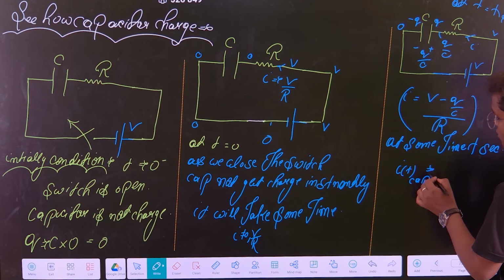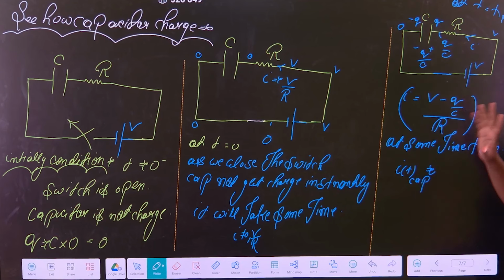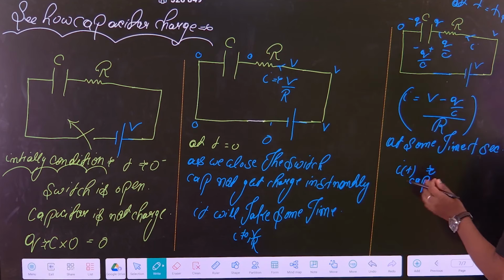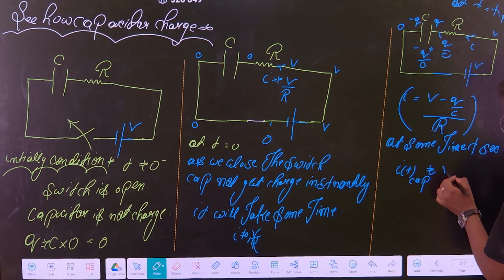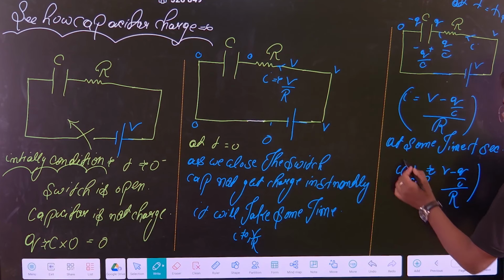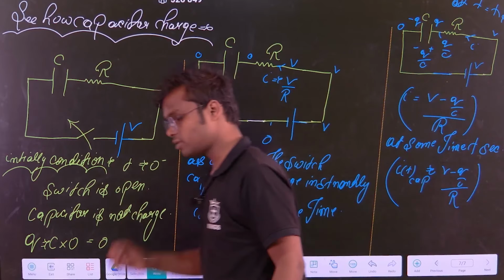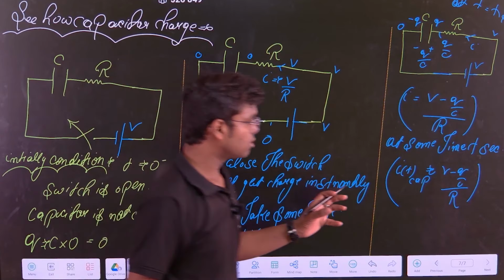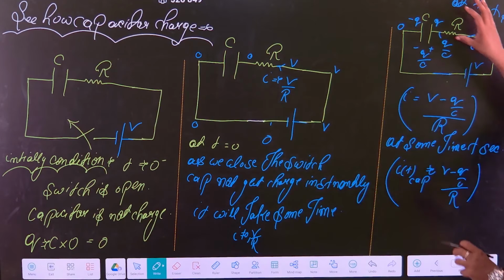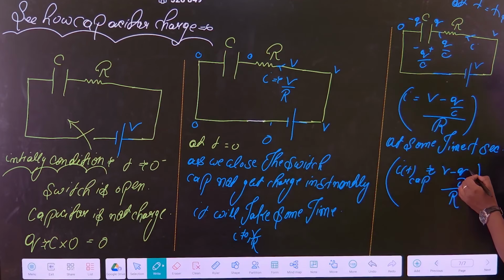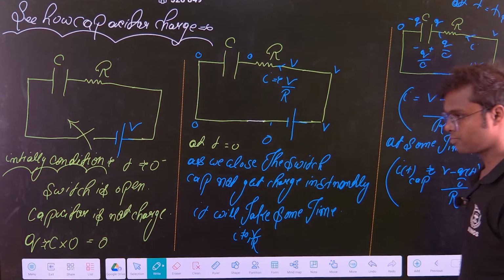But right now just say it is a current through the capacitor. You can say resistor also, it's okay. But it is basically the current across the capacitor. It is (V minus Q by C) divided by R. This is the current in the capacitor at some time t. And this is the charge on the capacitor at some time t.